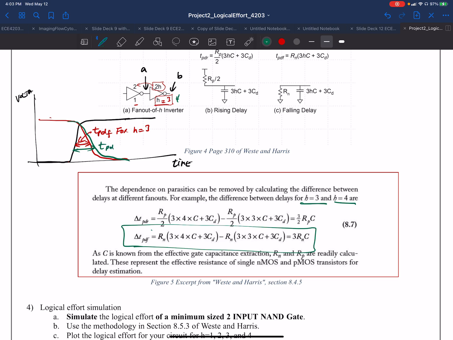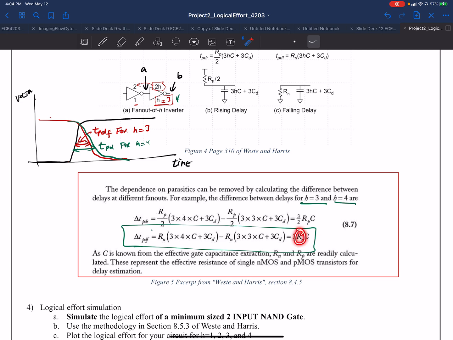Remember, the prop delay is 50% of input to 50% of the output. So basically you're subtracting this from this, and that gives you this number.